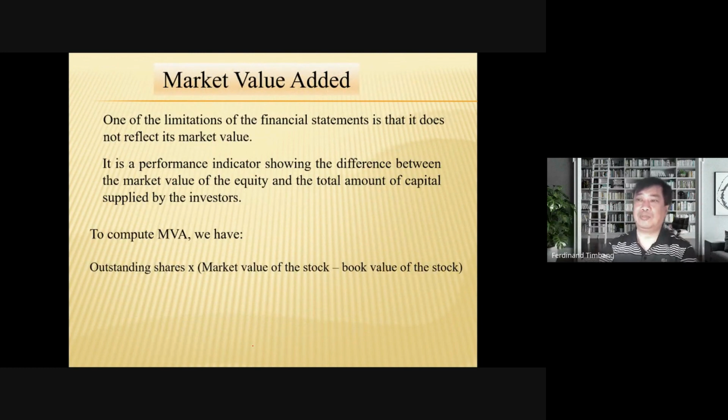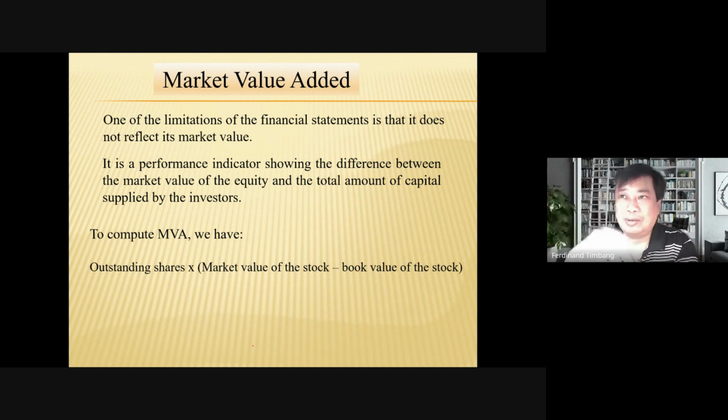Now let's go to the market value added. No? So yung market value added, to make it short, no? Kasi when we do the accounting part, it is always based on historical cost. So anong nangyayari, nakukuha lang natin yung book value, which is based on historical cost. But we do not know how much is really added based on the market.